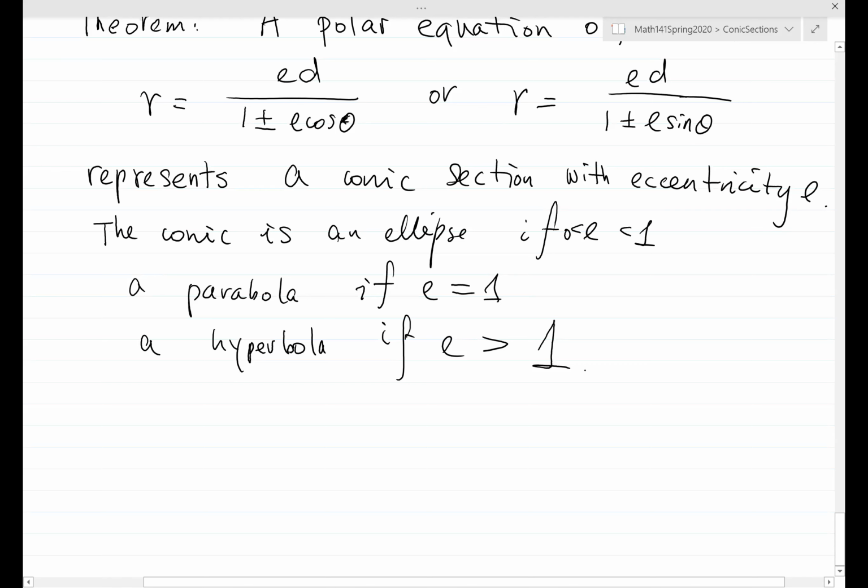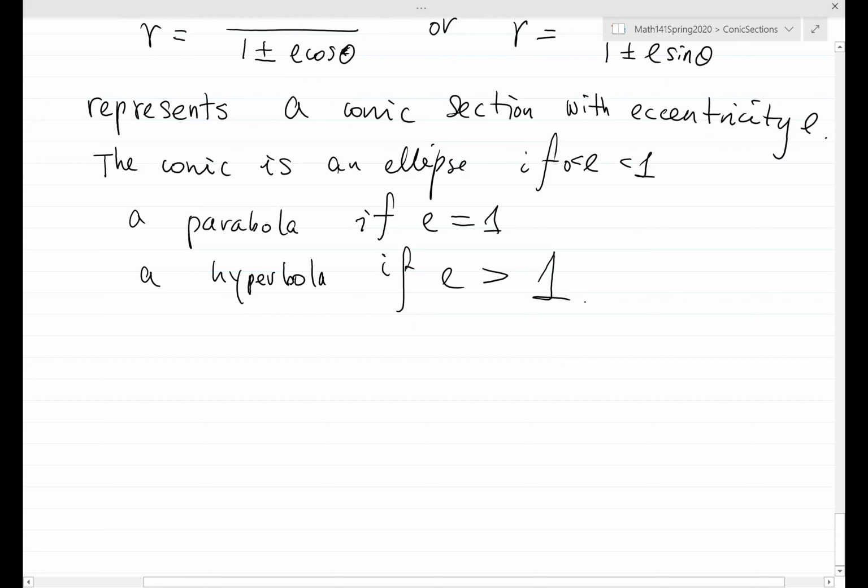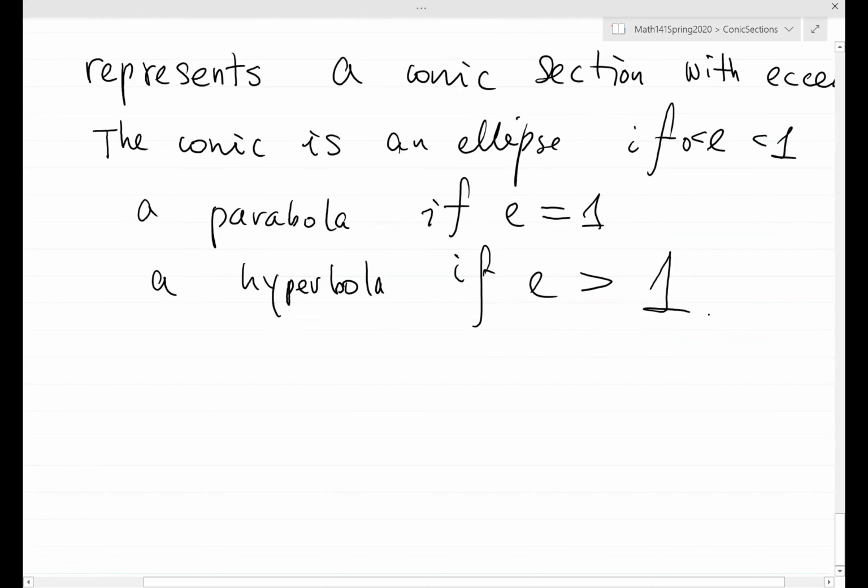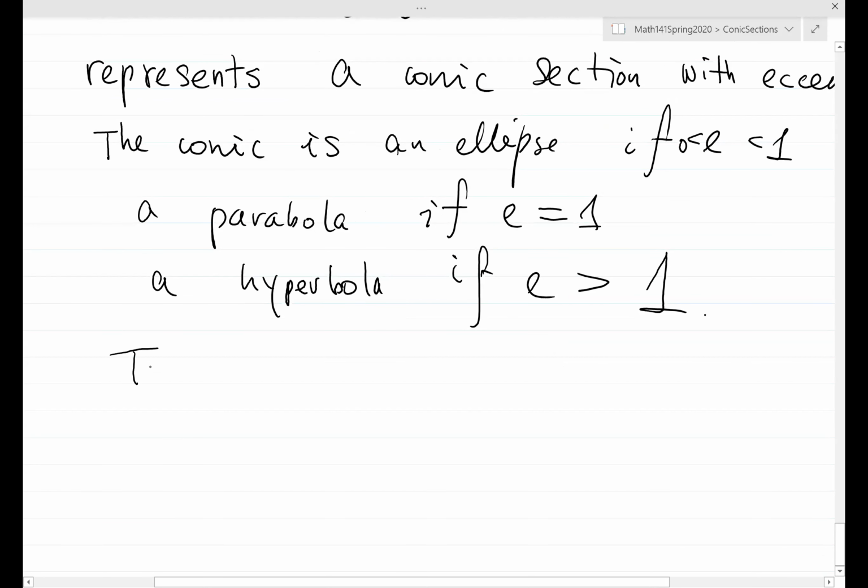Maybe I should mention this, a digression, Tycho. Now, Tycho is a nobleman.